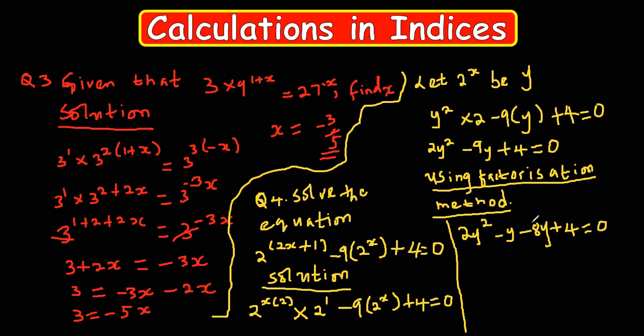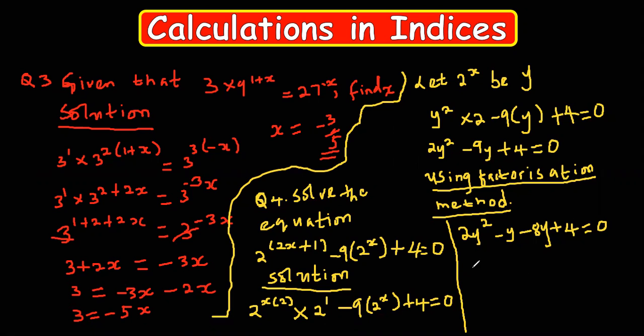Then we can bracket this. Okay, let's secure the bracket. So we're going to have 2y squared in brackets now, 2y squared minus 8y plus 4.